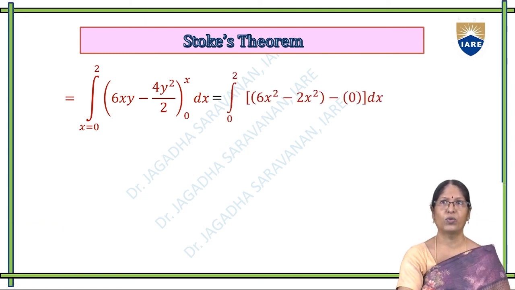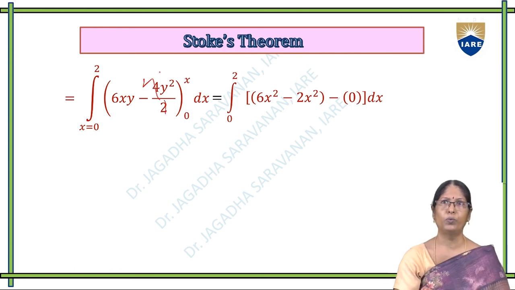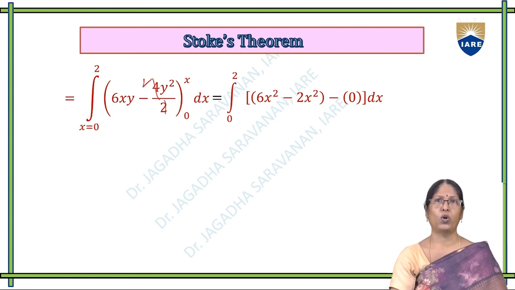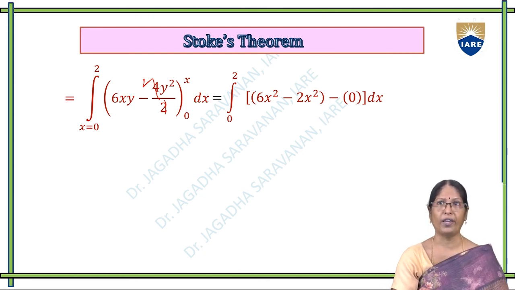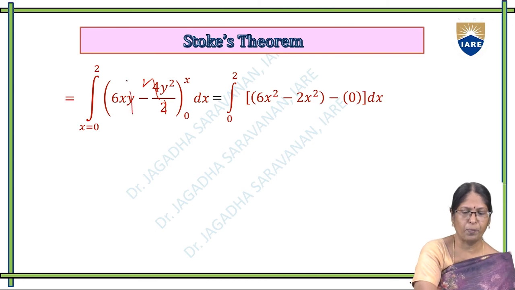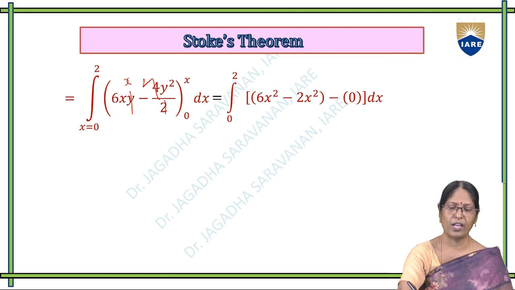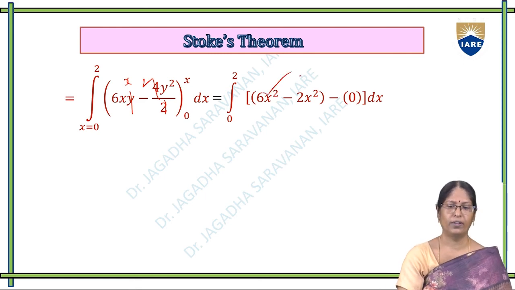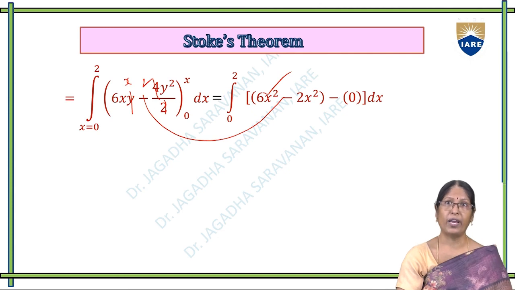So we did the cancellation, and it becomes 2y square. Here we integrated with respect to y, so y is replaced by x. 6x into x becomes 6x square, and the minus sign stays, with 2y square.